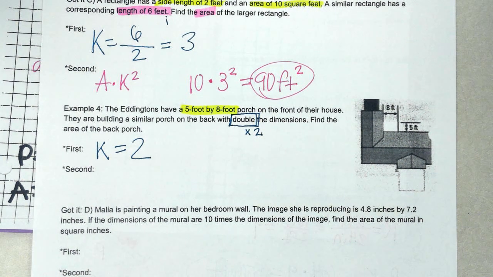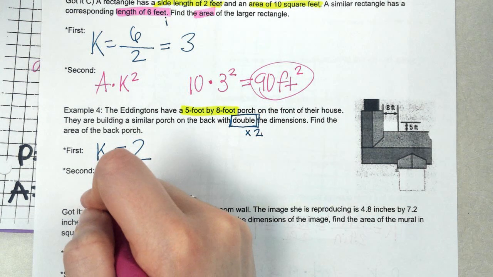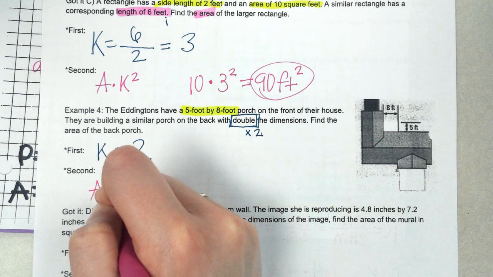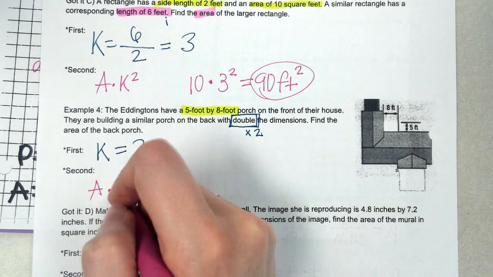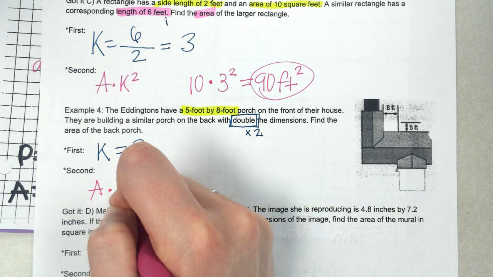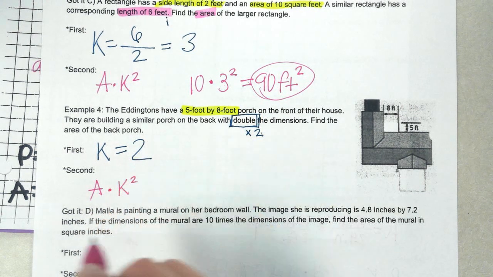Now, when I go to do it, let's see, Dom, is this area or perimeter? Area. So if it's area, Dom, are we multiplying by scale factor or scale factor squared? Good. Scale factor squared. Okay. Do we have our area given to us, guys?